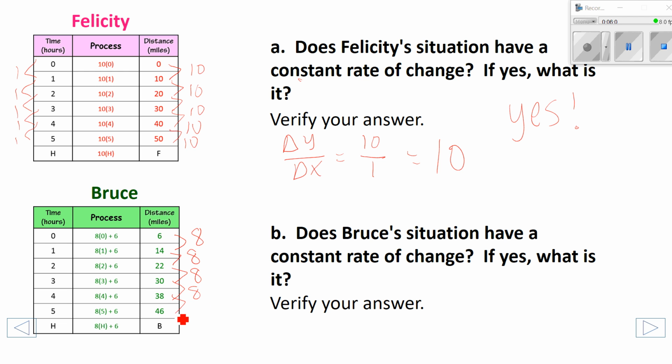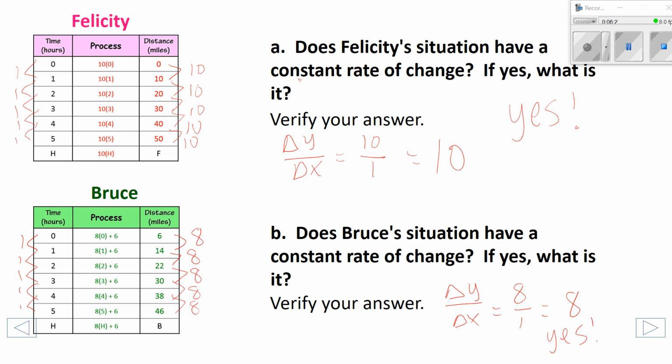And it's 8 on all of these. And then when you come over here, it's counting by 1, so we know our rate of change over here is 1. So when you look at the ratio, the change in y over the change in x, you get 8 over 1, which means that Bruce does have a constant rate of change of 8.